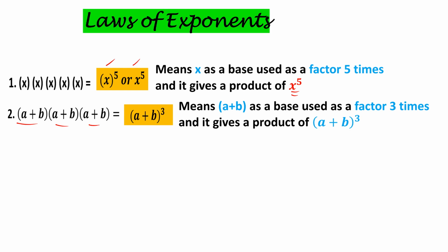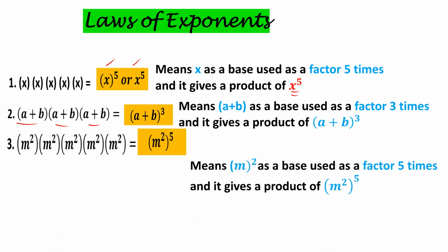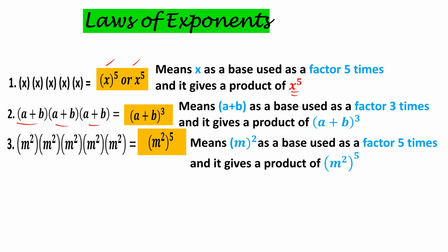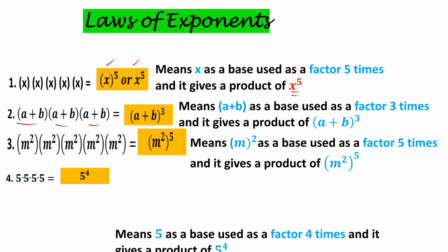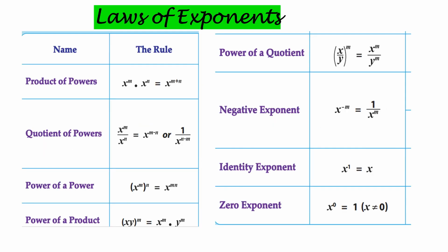Number 3 means that m squared as a base is used as a factor 5 times, and it gives a product of the quantity m squared to the power of 5. Number 4, the 5 as a base is used as a factor 4 times, and it gives a product of 5 to the power of 4.